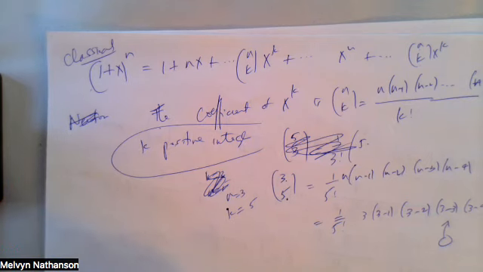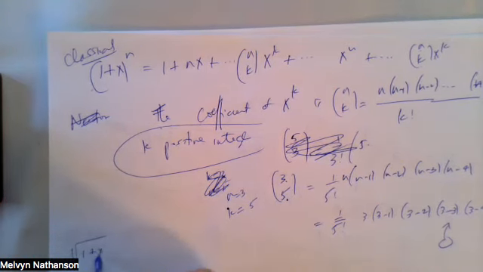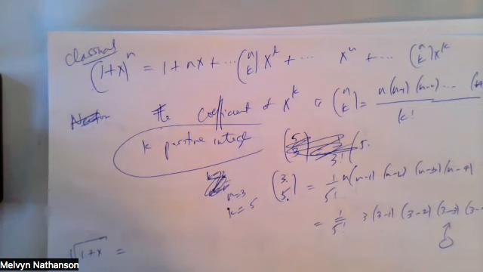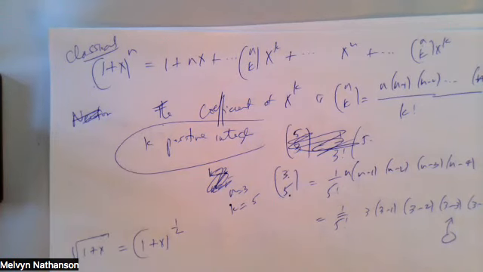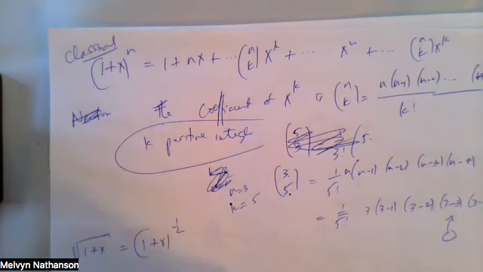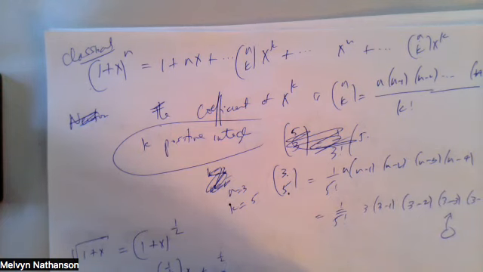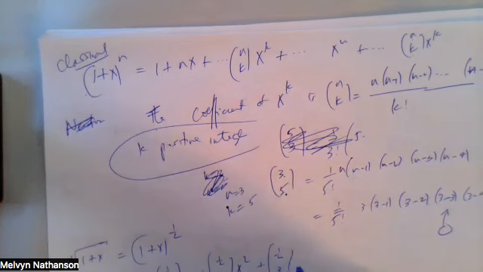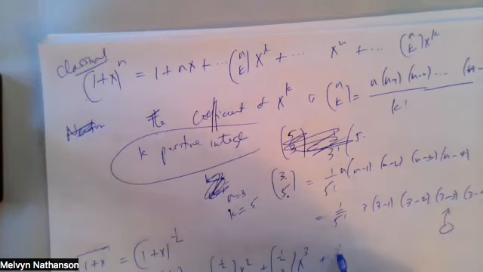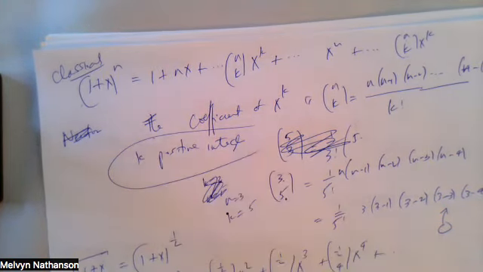So let's look at the square root of 1 plus x. That's equal to 1 plus x to the 1/2. This is going to be 1 plus 1/2 choose 1 x plus 1/2 choose 2 x squared plus a half choose 3 x cubed, plus a half choose 4 x to the fourth, and so on.